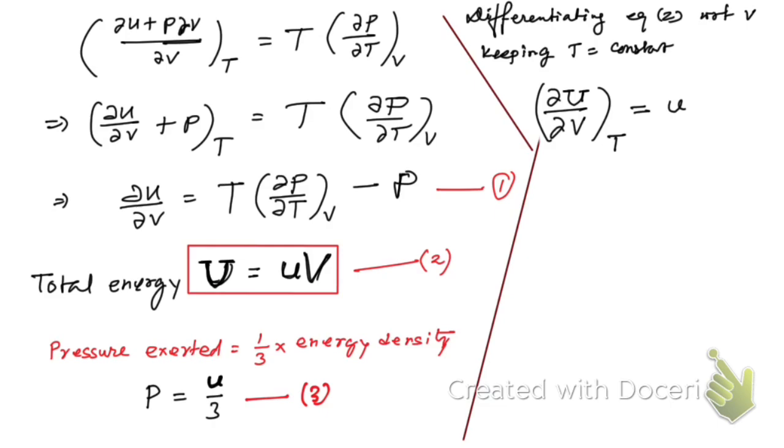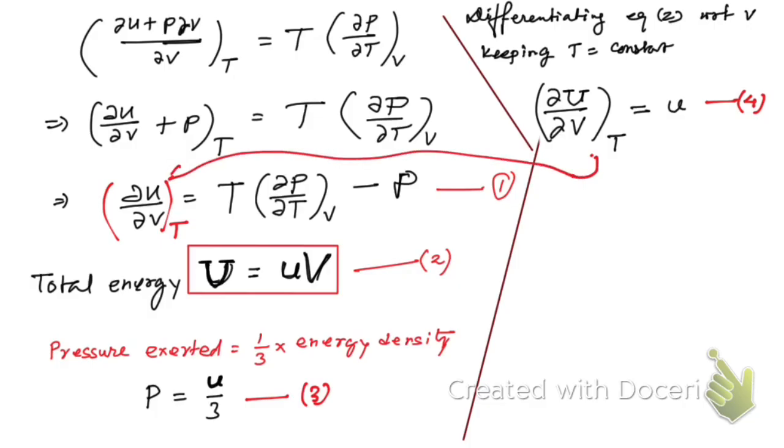Now, let this be equation number 4. Using 4 in 1, here I forgot to mention this at constant temperature T. So let me use this equation here.